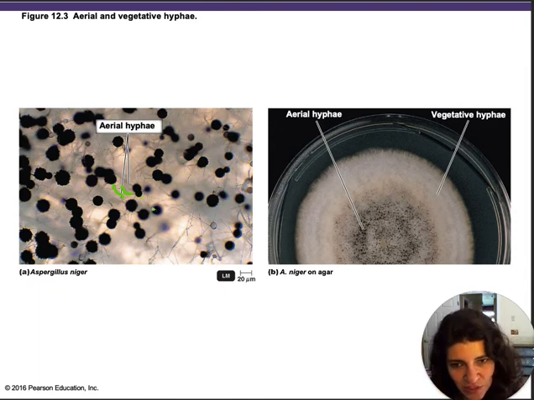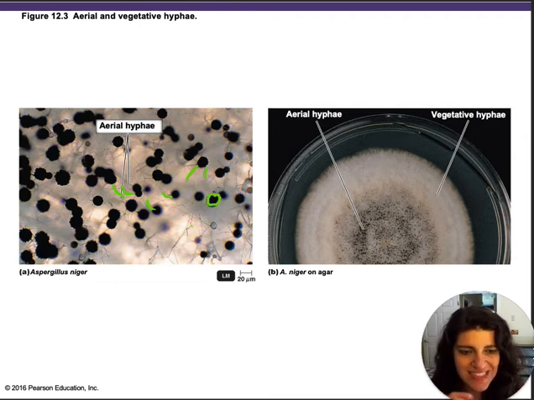And then when you look under the microscope, you can see these little lines here, which are the hyphae. And this is what we call conidiospore. It's an arrangement where the spores are. So I'm going to tell you more about what type of spores we have, okay?